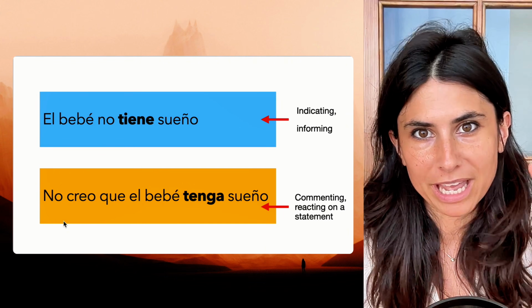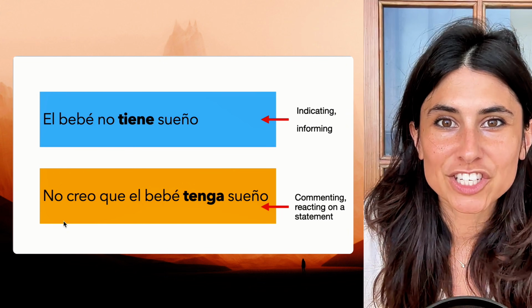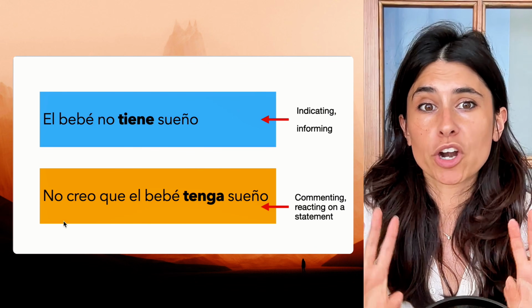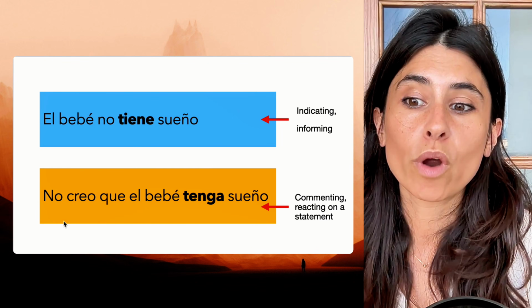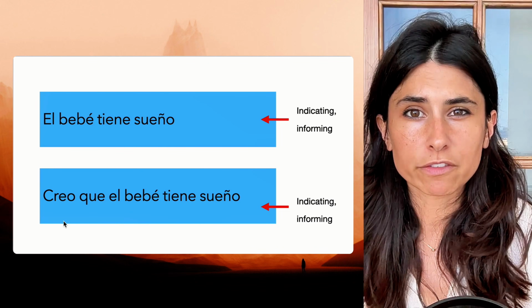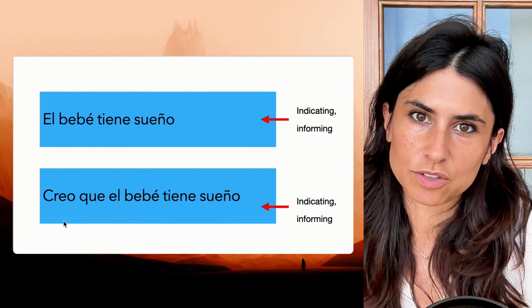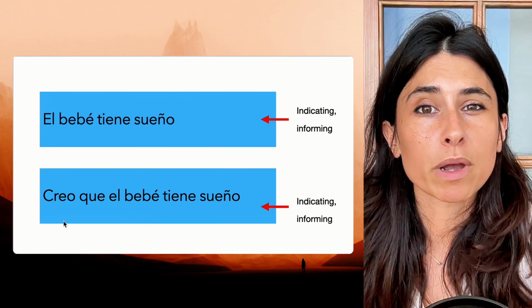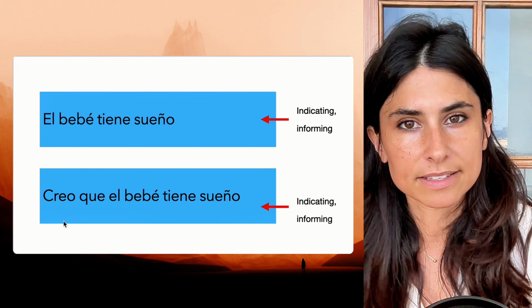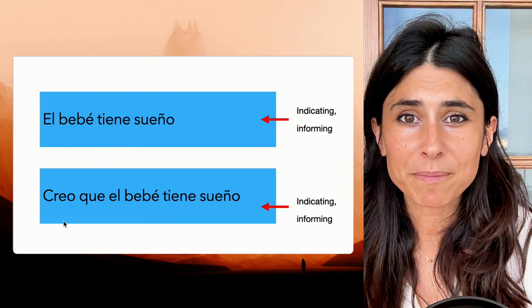So if someone came halfway through the conversation, I'm not affirming, I'm not indicating that the baby is sleepy. Whereas if you say your belief, if you say what you think, you're giving information. You're saying, hey, this is what I think, this is my reality, this is what I believe. The baby is sleepy. Okay?